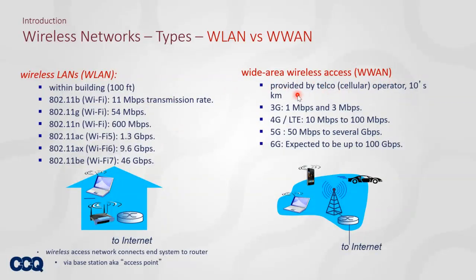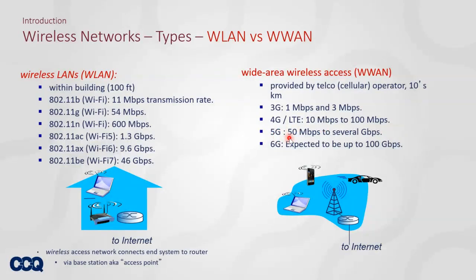For wireless WAN, we can speak about cellular networks. Let us start with 1G. In the first generation cellular system, the speed was about 2.4 kilobit per second. In the second generation, the speed varies between 50 and 100 kilobit per second. In the third generation, which is WCDMA, the speeds ranged between 1 and 3 megabit per second. Then in 4G, LTE, long-term evolution, the speeds reached up to 100 megabit per second.